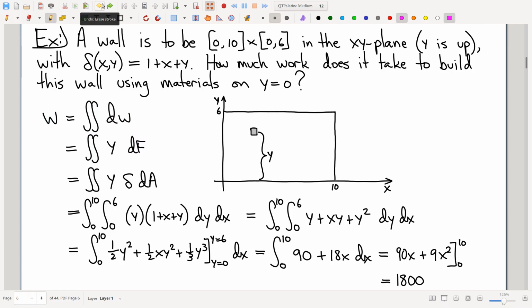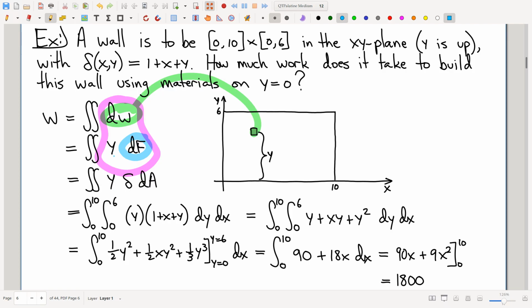Okay, next. What's going on here? And I claim all this says is work is equal to force times distance. You want to know how much work it takes to lift that one brick. Well, you're lifting something that has a certain amount of weight. I'm going to call that dF. There's a differential amount of force that is the weight of that one brick.